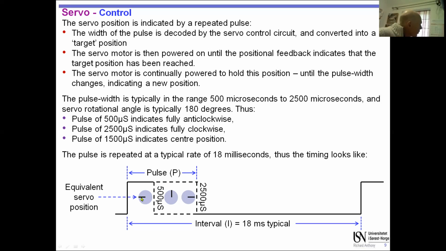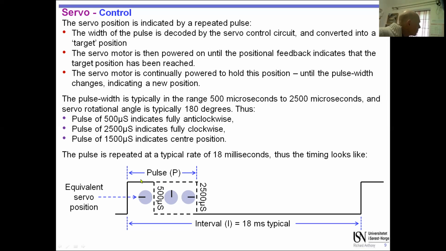And if you imagine the servo position is linked to the pulse width, so the pulse width that is actually useful to us to control the servo has to be normally at least 500 microseconds. This is the shortest. So that's half a millisecond, right?